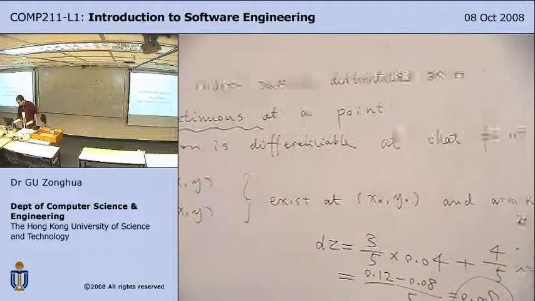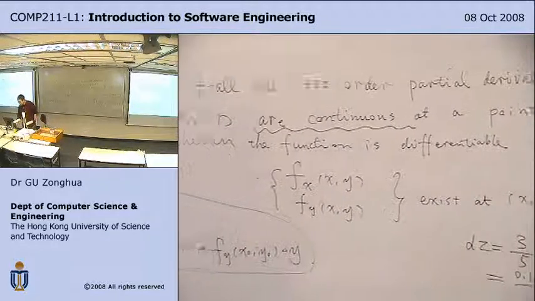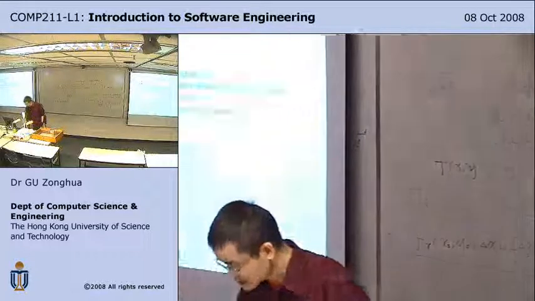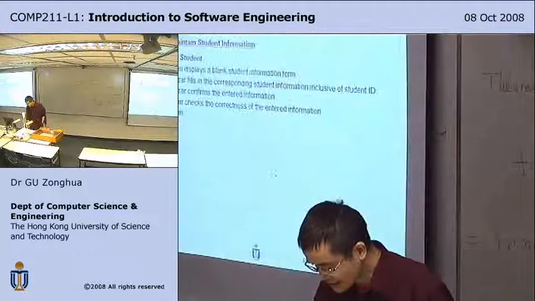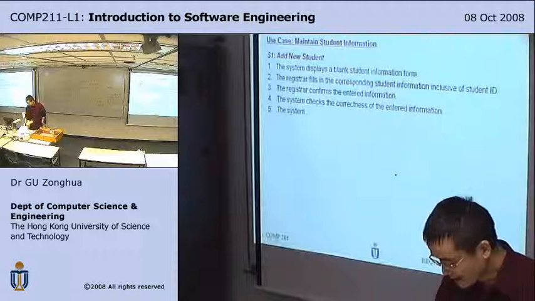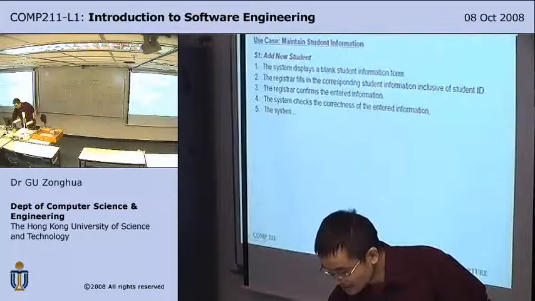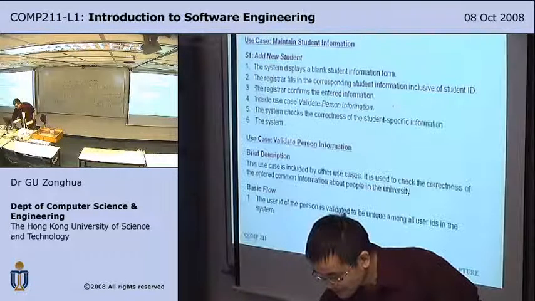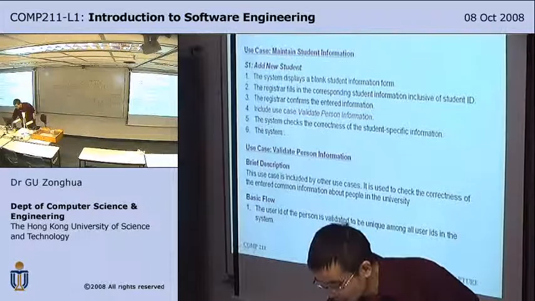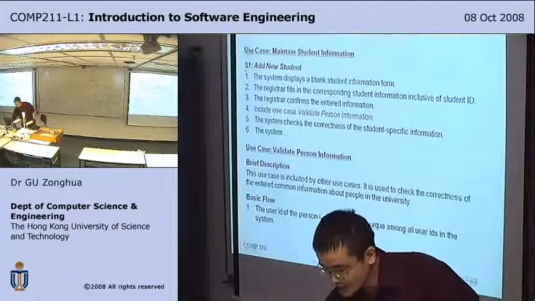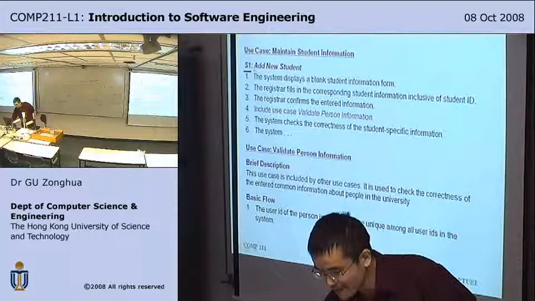So we'll look at one example use case. This is for the ASU example. Here's a particular subflow S1.